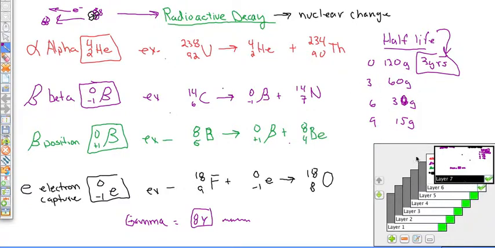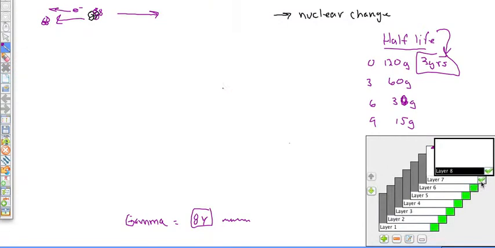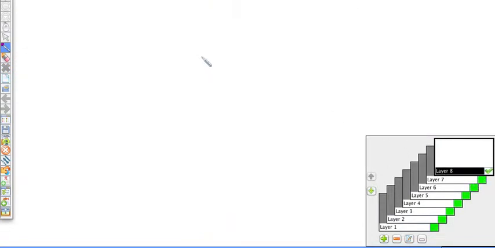There are a couple other things that are interesting associated with this. We could go ahead and put some trends up here. As far as nuclear decay goes, the smaller an atom is, the less likely it is to fall apart.